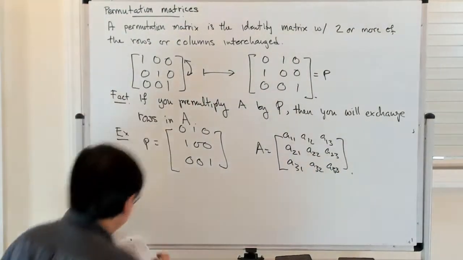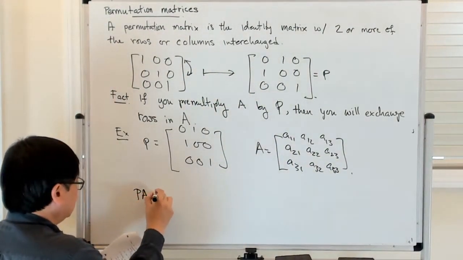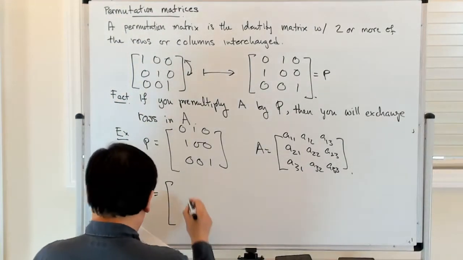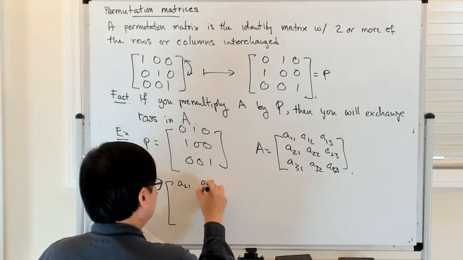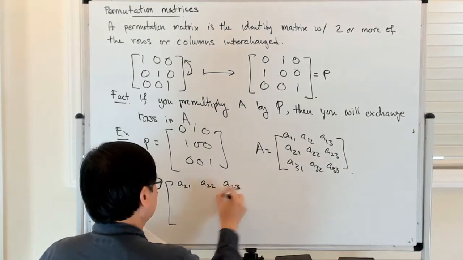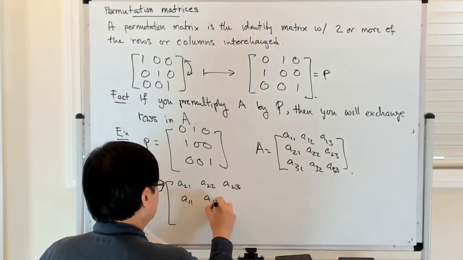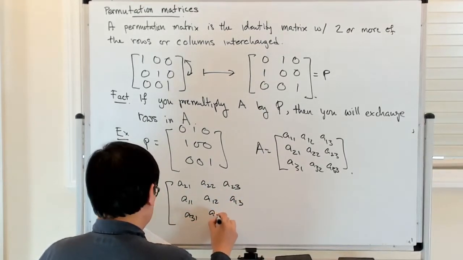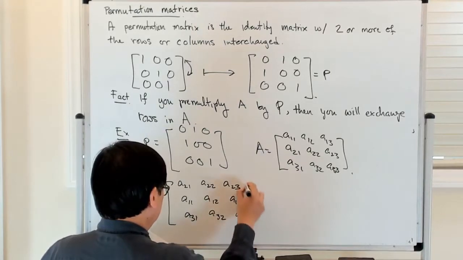You write down P times A, and it's easy to convince yourself that what you get is A21, A22, A23; A11, A12, A13; A31, A32, A33.